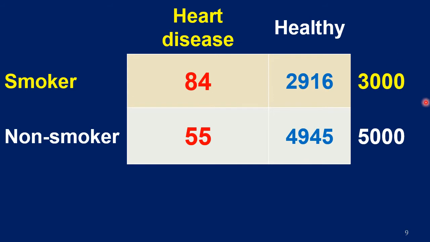The total number of employers is 8,000. 3,000 were smokers. After 5 years of the smokers, we get 84 cases of heart disease, and also heart disease developed among non-smokers. 55 non-smokers also got heart disease after 5 years.